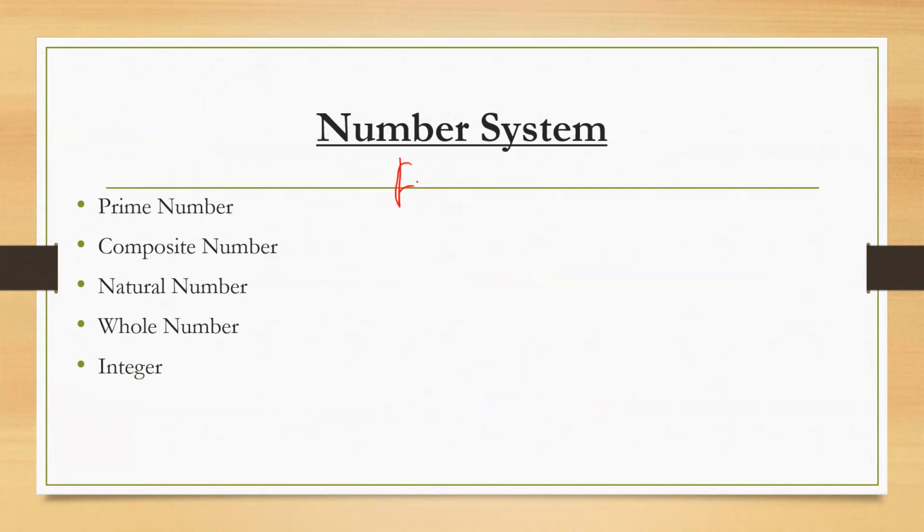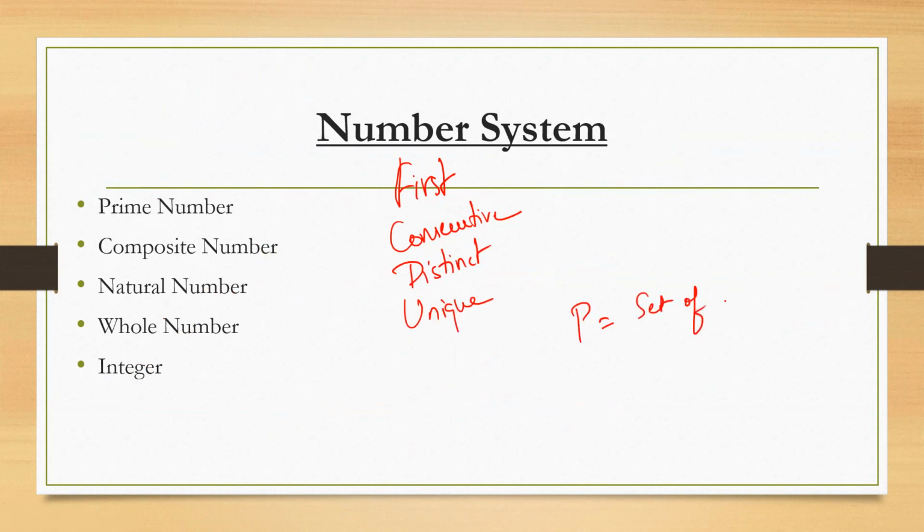Another keyword, that is the keyword first, the keyword consecutive, the keyword distinct, the keyword unique. So when we talk about P is set of 5 prime numbers, what do we assume? This we have discussed in the first class, right? That is, P is set of 5 prime numbers. What will be those prime numbers?